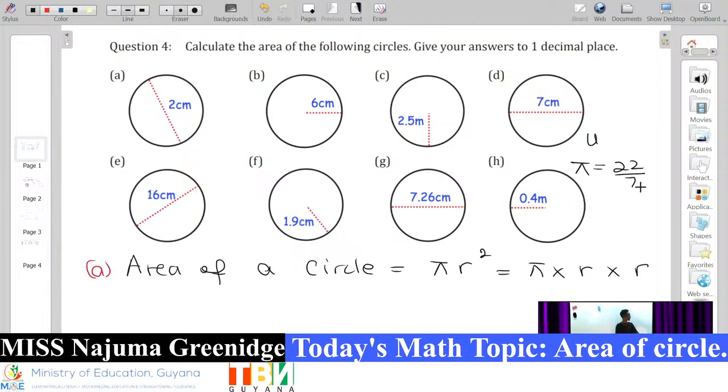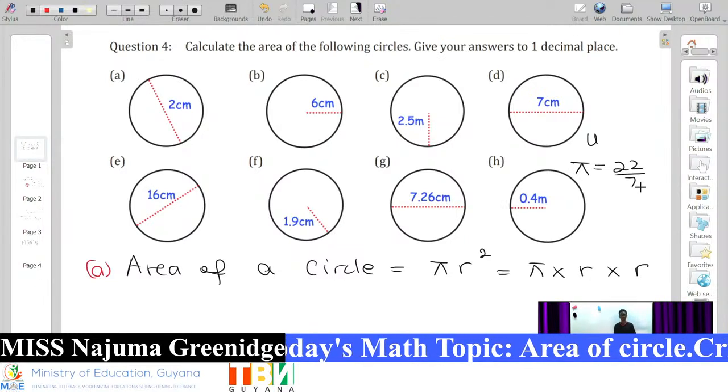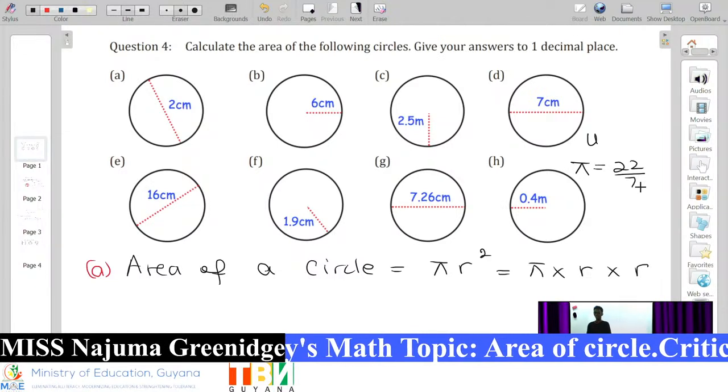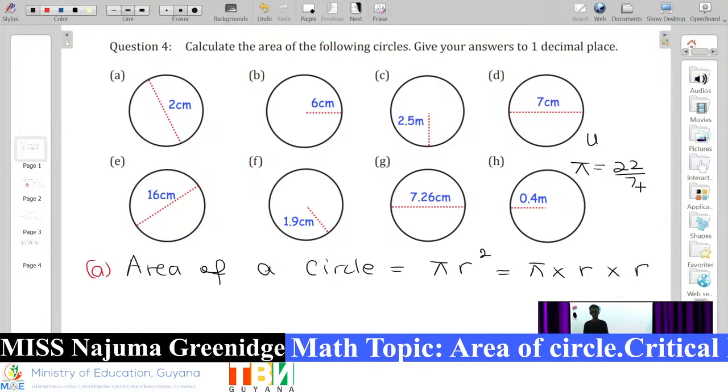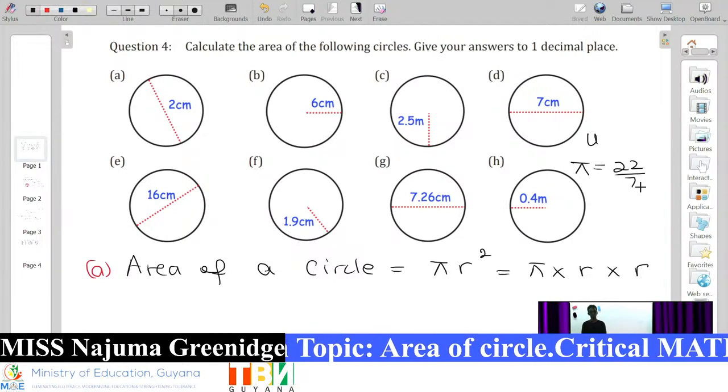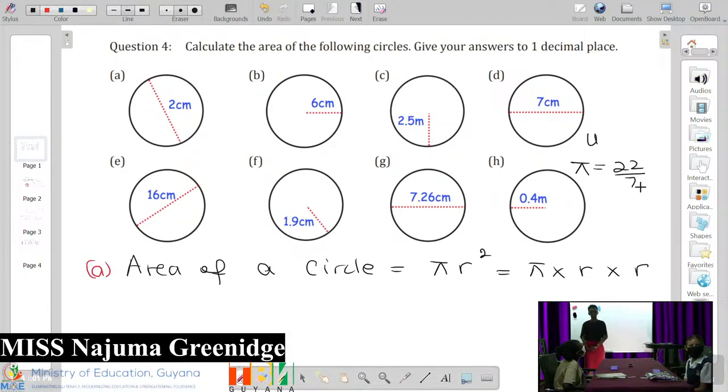So in the first circle, we're given the diameter. So how do we get the radius? How much of the radius make up the diameter? Say it, yes, you're saying it. 2. 2 of them make up the diameter.